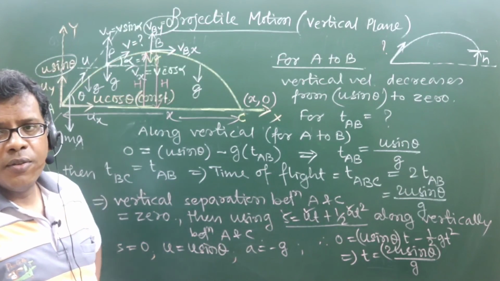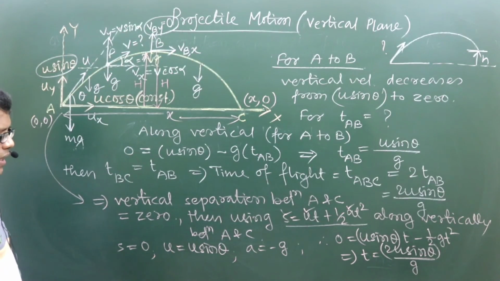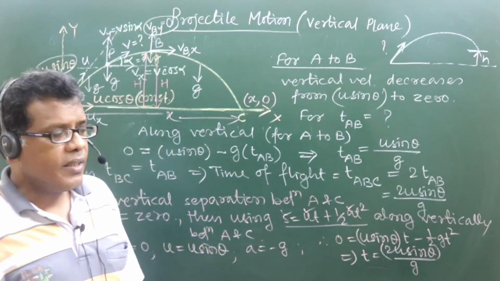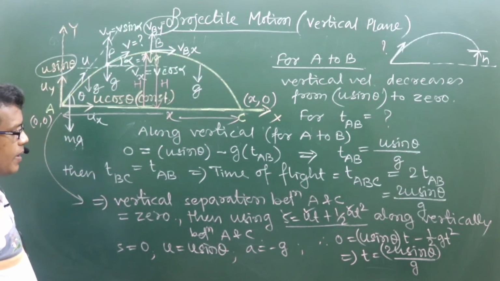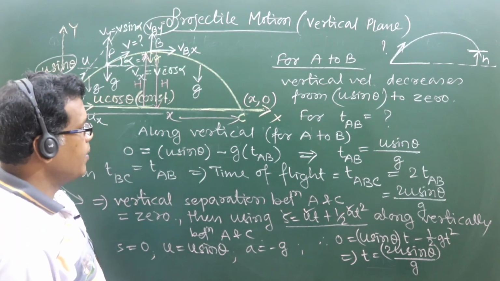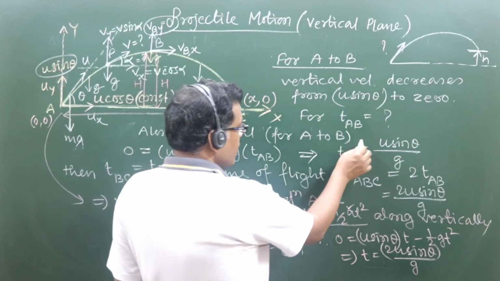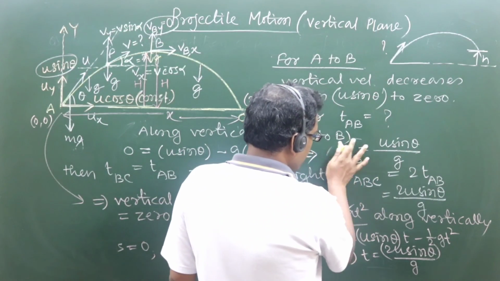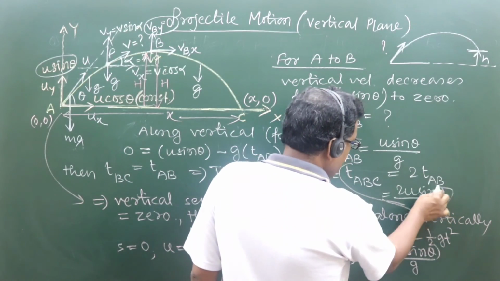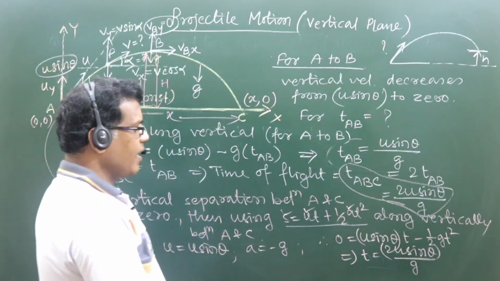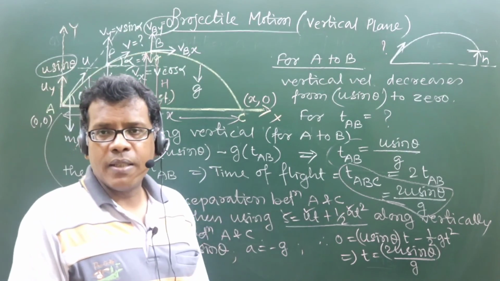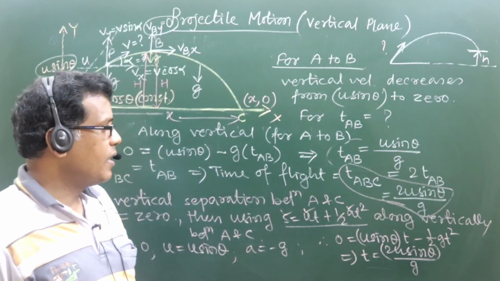If you get t as 2u sin theta by g, then yes, we are getting this result again. We are getting the same result for t, that is 2u sin theta by g.